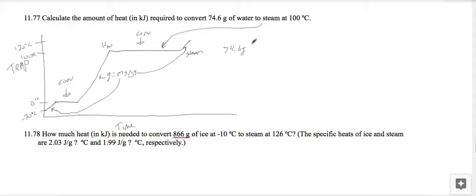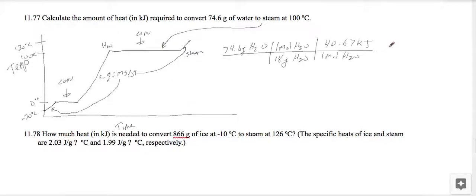74.6 grams of water. 1 mole of water is 18 grams of water. And then 1 mole of water requires 40.67 kilojoules of energy. At least that is what my memory says.